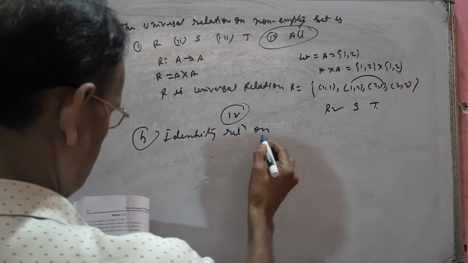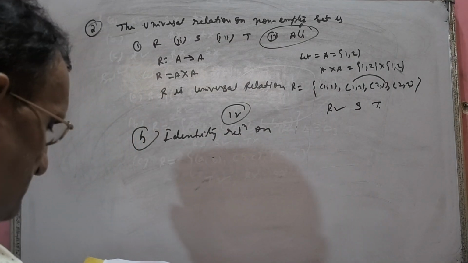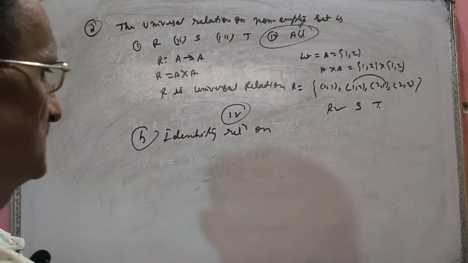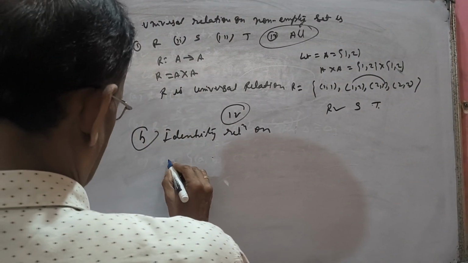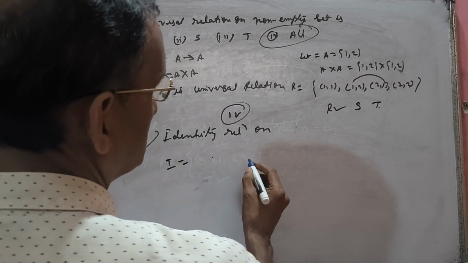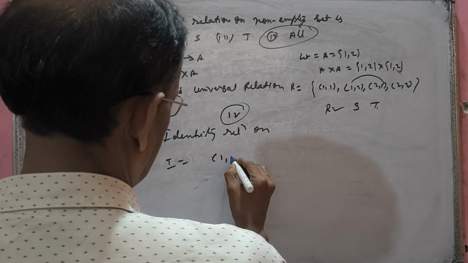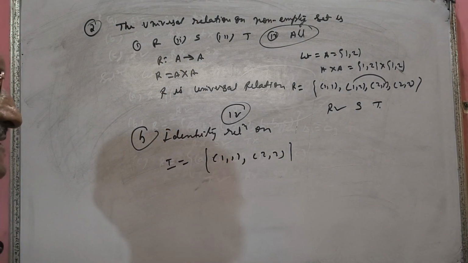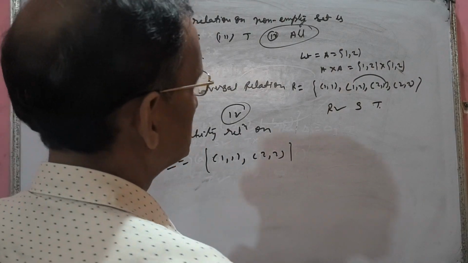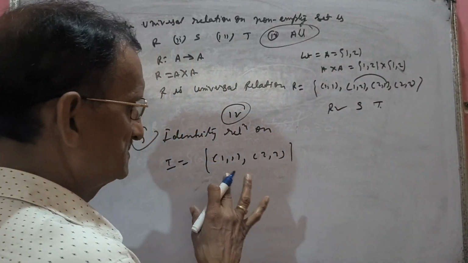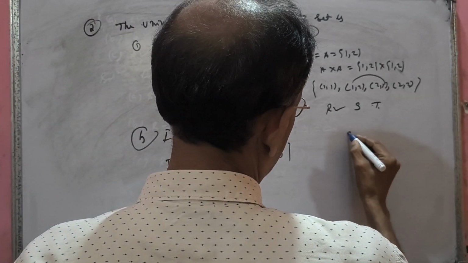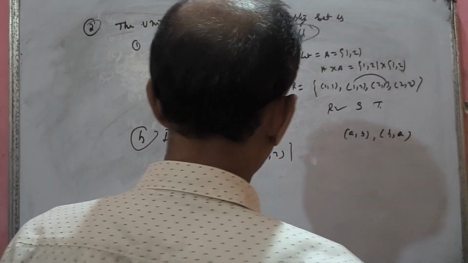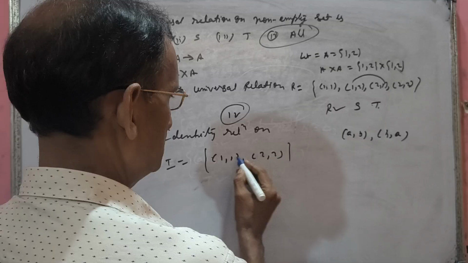Okay. Then number B, identity relation on a non-empty set is: reflexive, symmetric, transitive, all of them. What is identity relation? Suppose {1, 2}, then (1, 1), (2, 2) is the identity relation. It is obviously reflexive. It is symmetric. What is symmetric? If (A, B) is there, then (B, A) should be there. Now see, (A, B) with A not equal to B is not here.